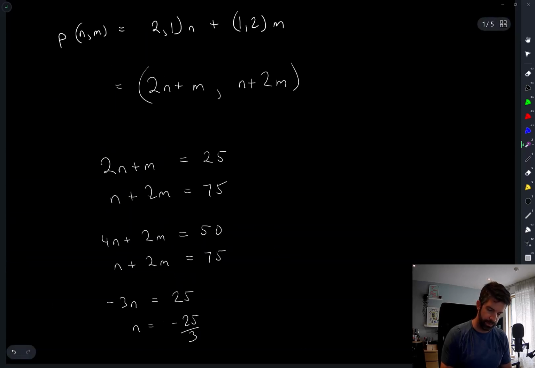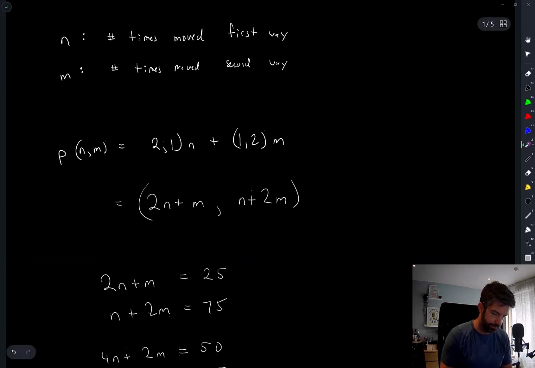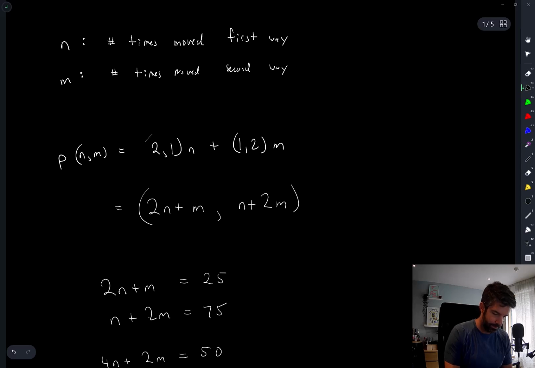I also want to make sure that I did this correctly. Okay, so it can move 2 to the right and up 1, or 1 to the right and up 2. So the final coordinate, and it doesn't matter the ordering that you do this in, is 2n plus m and n plus 2m.